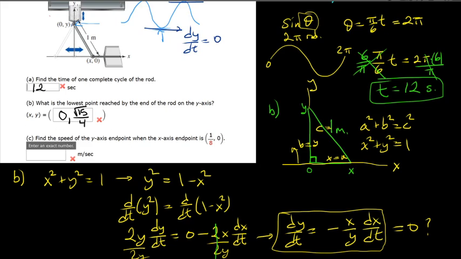So the speed of the endpoint when x is 1/8. Well, sorry, the x-axis endpoint is here, so y will be 0 always. And on the y-axis, x will be 0 always.